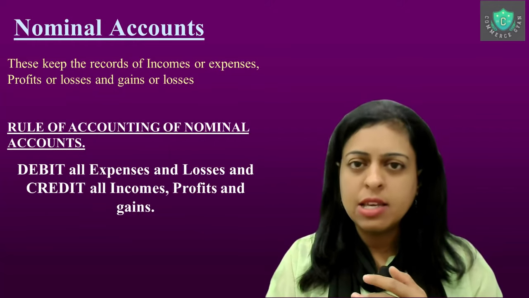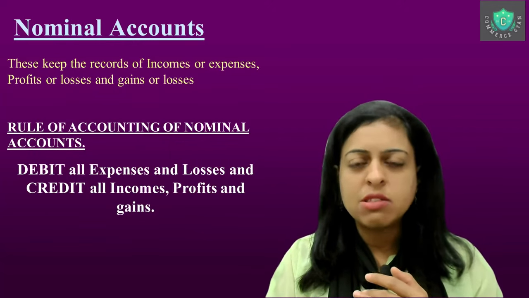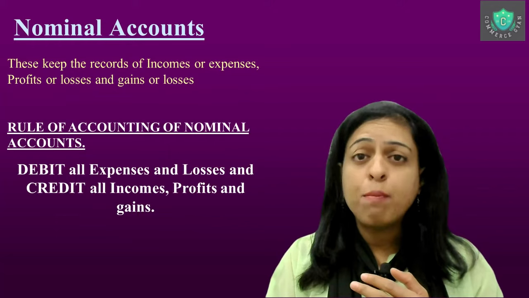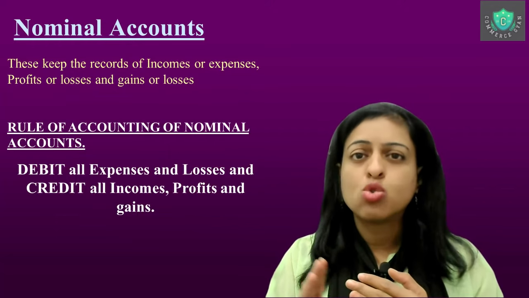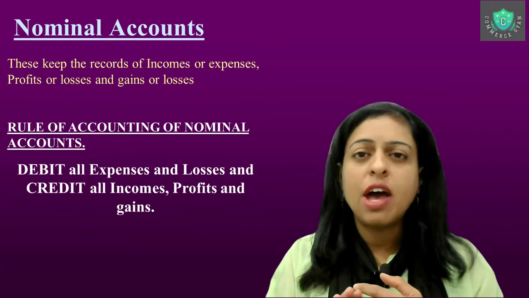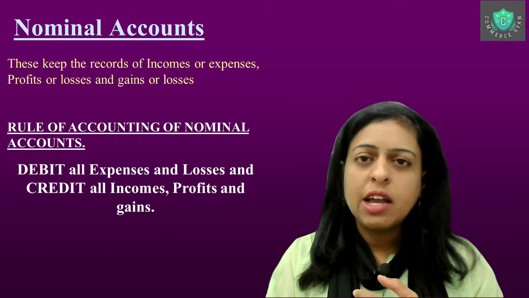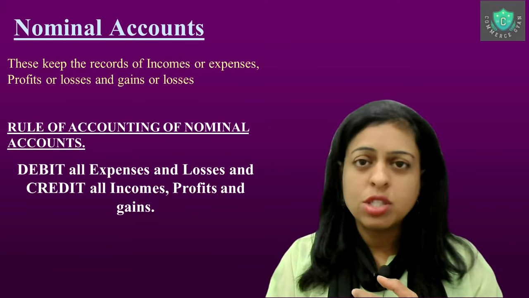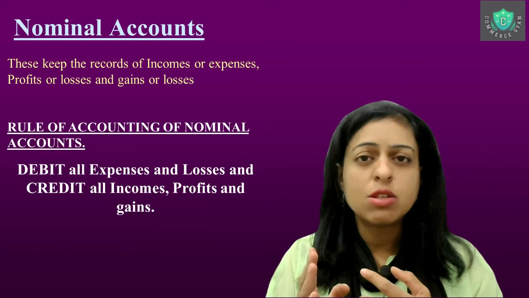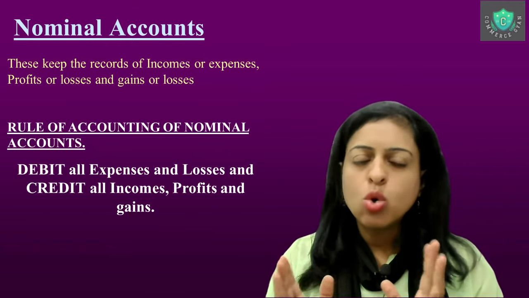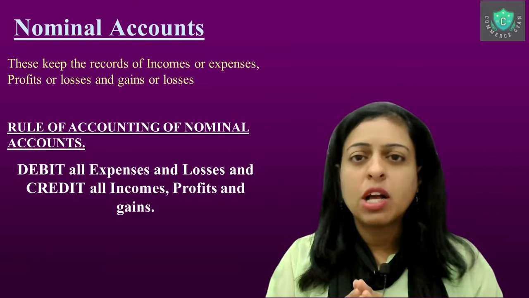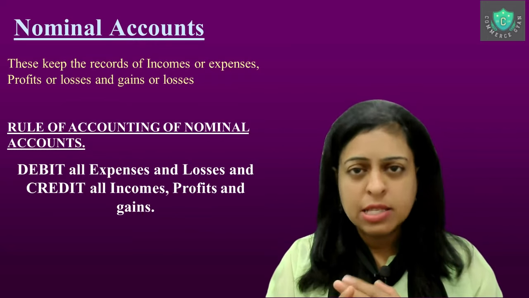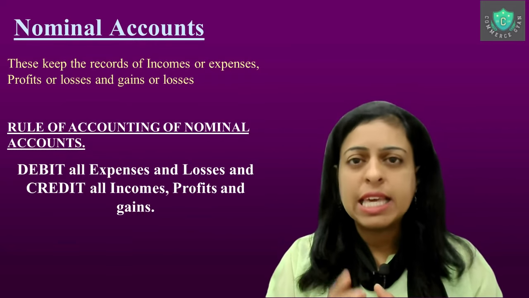So if I pay salary, salary is expense, it is nominal. If I am paying for commission, it is nominal because it is expense. If I am getting any kind of commission, then commission will be falling as nominal account, and so on. So different parts of nominal accounts are income, expense, profits, gains, right?